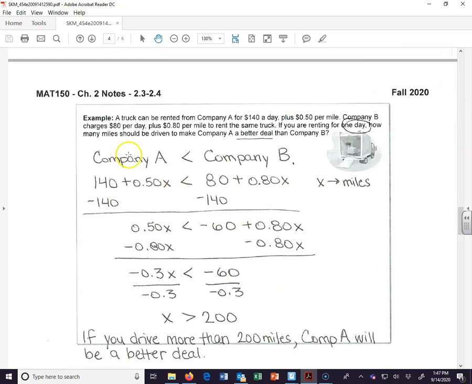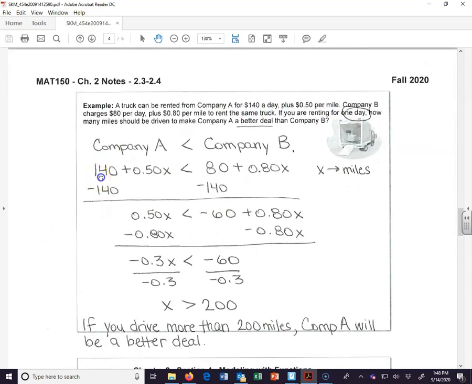For Company A, it's going to cost $140 a day plus 50 cents per mile. We're only renting this for 1 day, so we can think of it as just 140 plus 0.5x, right? So 50 cents per each mile plus that $140 flat fee.